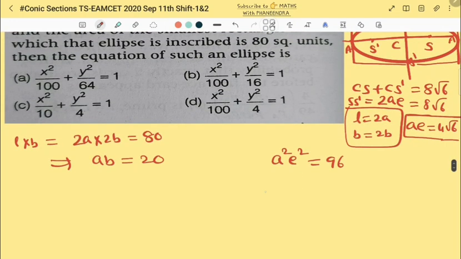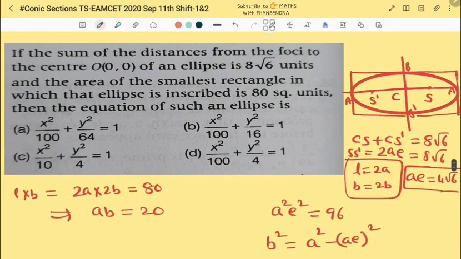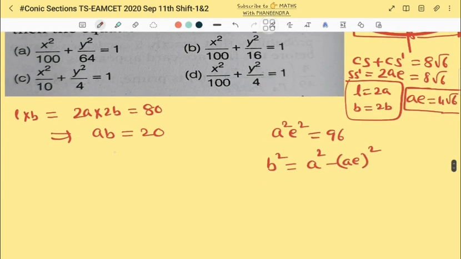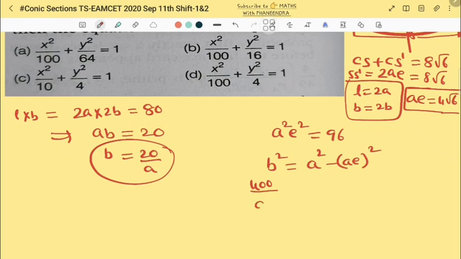So B square is equal to A square minus A square E square, which means A square minus 96. So from this, either A or B in terms of the other we can convert. So B is equal to 20 by A, I am writing. So here 400 by A square is equal to A square minus 96.